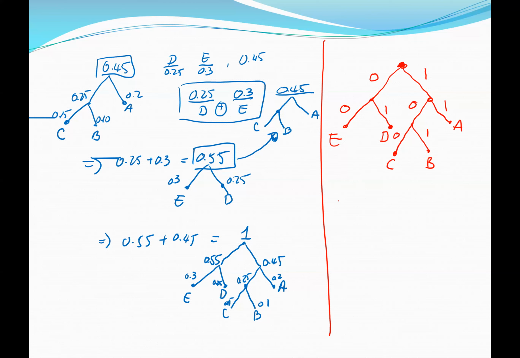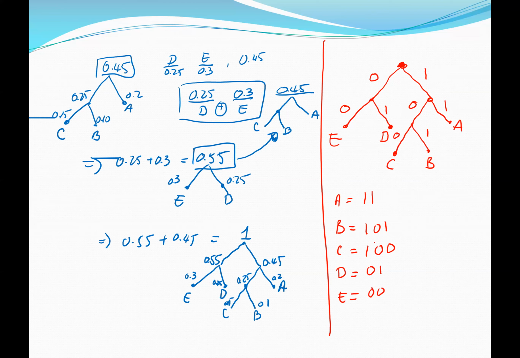All right, so you go with the list. A will need 1, 1. B will need 1, 0, 1. C will need 1, 0, 0. D will need 0, 1. And then E will need 0, 0.